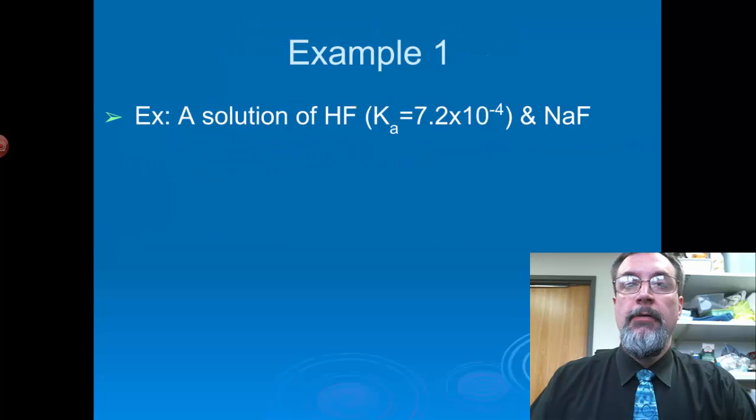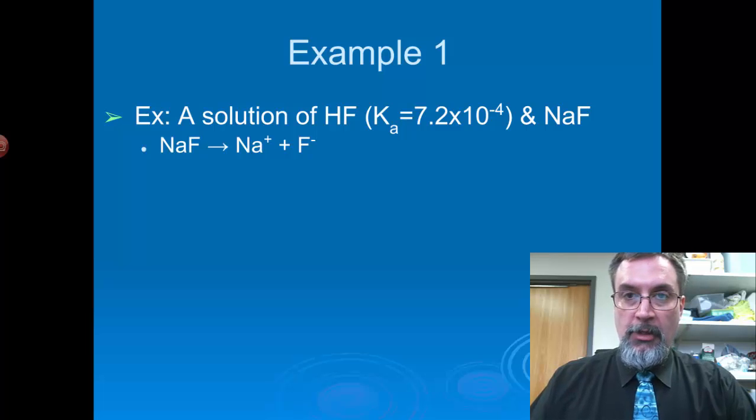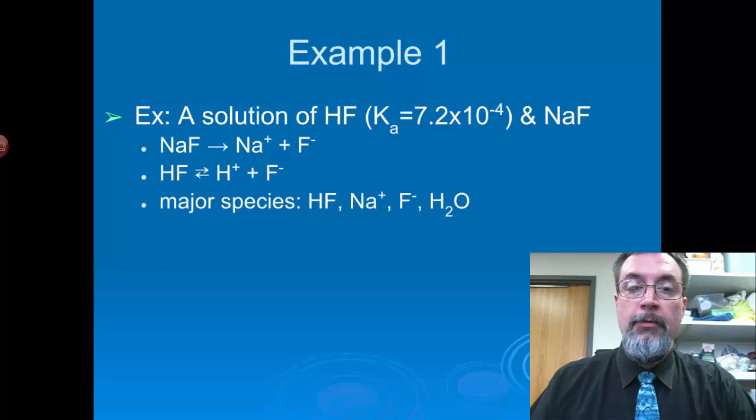So we have a solution of HF, and there's your Ka value for HF, and NaF. We know that NaF dissociates to form Na+ and F-, and HF is at equilibrium with H+ and F-. So the common ion here is the fluoride ion, right? The major species in this mixture are going to be HF, sodium ion, fluoride ion, and H2O.